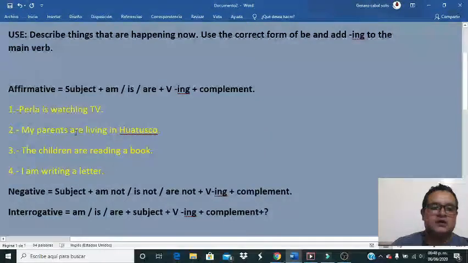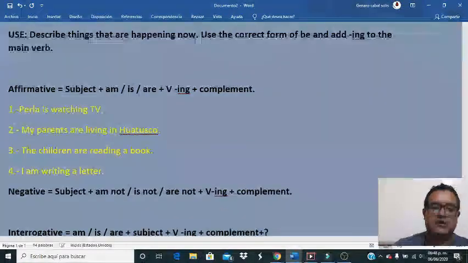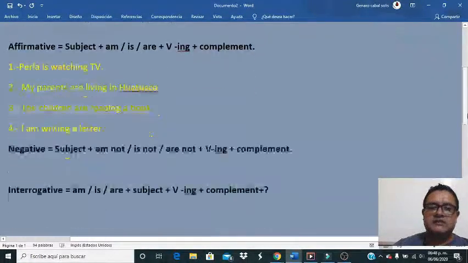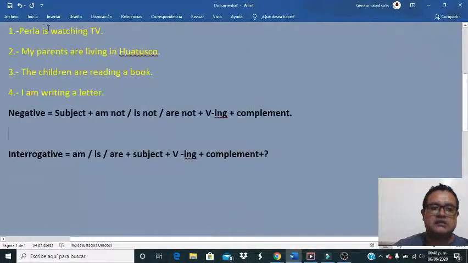Okay. So, well, now let's study the negative form. Ahora vamos a estudiar la forma negativa. The negative form is, well, different because in this case we have to use is not, are not, and am not. I have to use am not, is not, or are not, okay? So remember, this can be contracted.